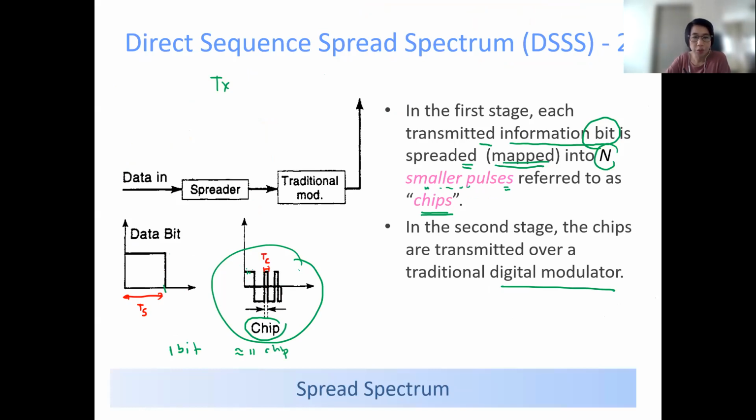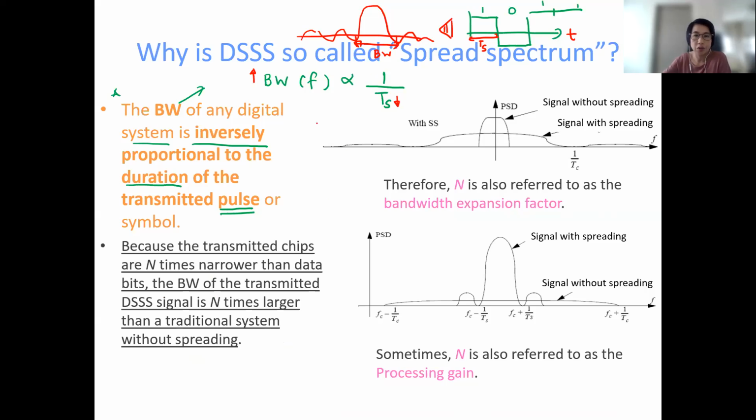So by using this relation, you can easily imagine that the bandwidth of the chip is inversely proportional to the duration of the chip. If you compare TC and TS, TC is much lower, so it makes the bandwidth wider.